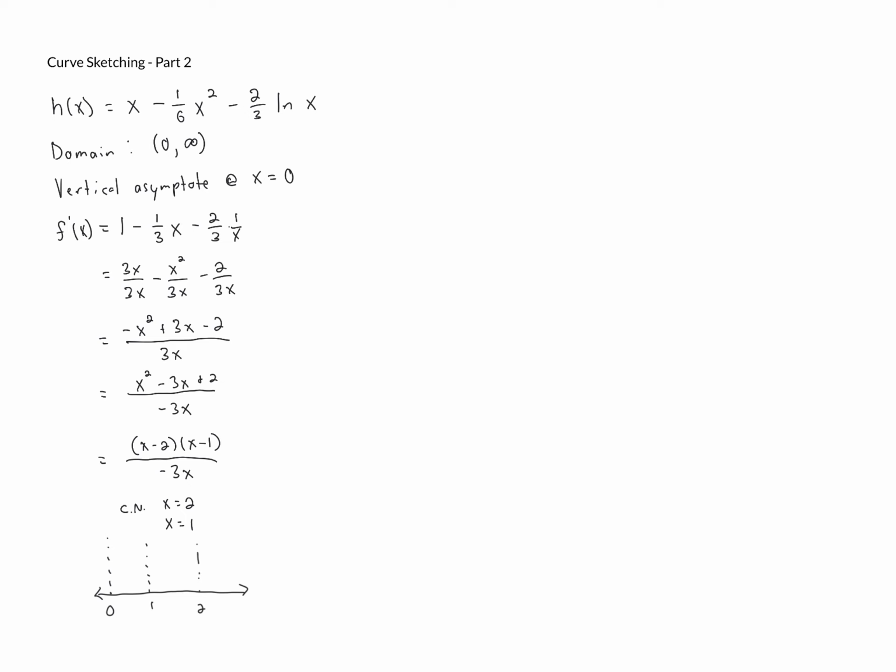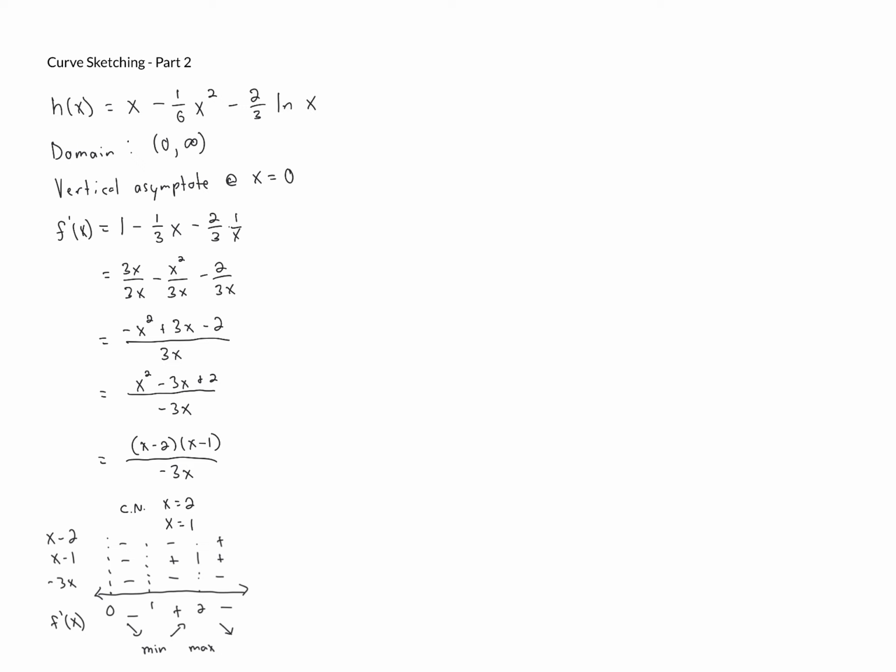X minus 1 is going to be negative, positive, and then positive. And x minus 2 is going to be negative, negative, positive. So the derivative is going to be negative, positive, negative. So we're going to be decreasing, increasing, and decreasing. So we're going to have a local minimum at 1 and a local maximum at 2.